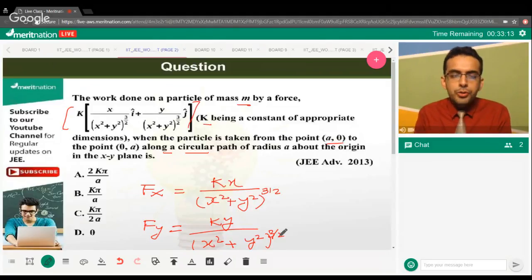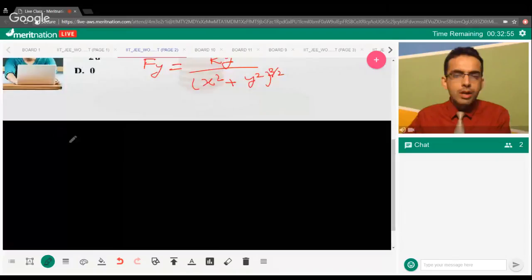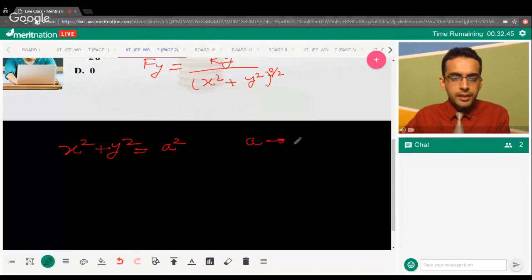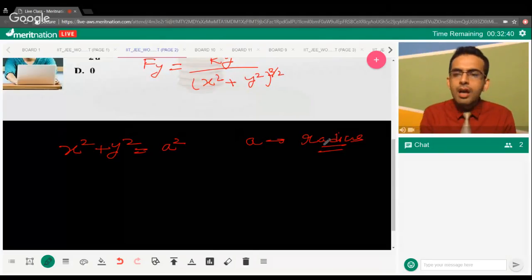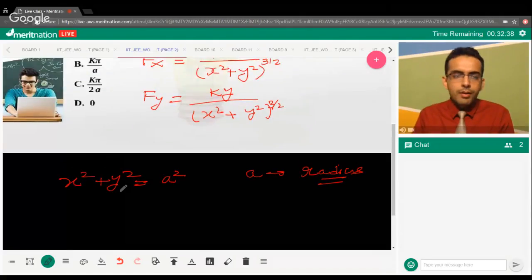Now you can see that there's a small hint given in this question, that is, the particle is moving along a circular path. So students, you must be knowing the equation of a circle. What is the equation of a circle? You must have learned in your coordinate geometry, x square plus y square is equal to a square, where a is the radius of the circle, right? Yes, this thing we have learned in coordinate geometry.